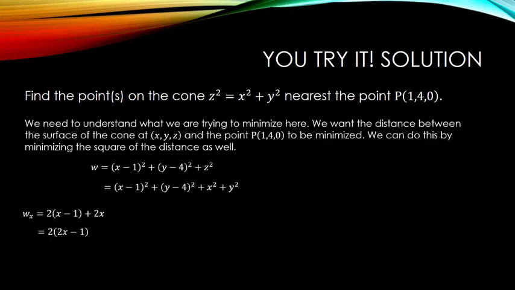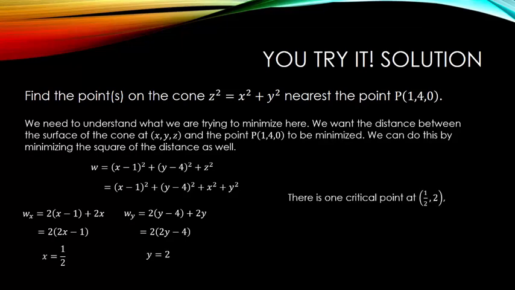This gives me 2 times 2x minus 1 in simplified form, or x is equal to 1/2. The partial of W with respect to y gives me 2 times the quantity y minus 4 plus 2y. This becomes 2 times the quantity 2y minus 4, which gives me y is equal to 2. This means that there is one critical point at x is equal to 1/2 and y is equal to 2.